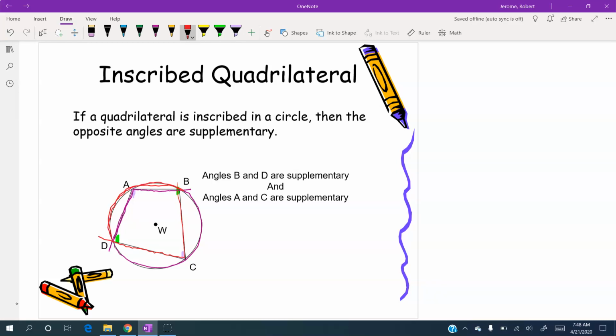So look at that. The two arcs together make the whole circle, so the arcs total 360. Since both angles are inscribed, angle equals half arc. So if the total of the arcs is 360, the total of the angles is 180. Supplementary. So just a different perspective on that.